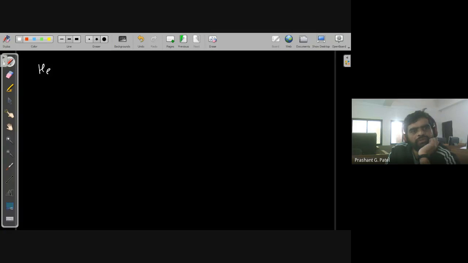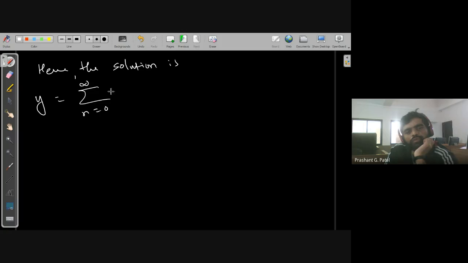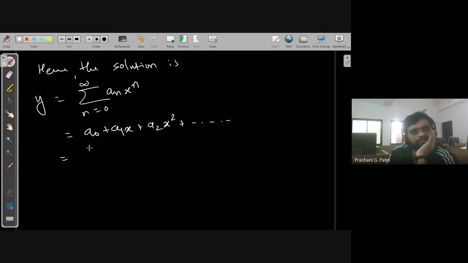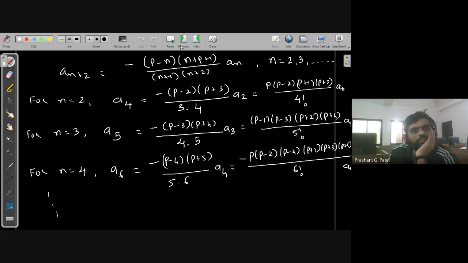So hence the solution is y equal to summation n running from 0 to infinity a_n x raised to n, which will be a0 plus a1 x plus a2 x square up to so on. This can be separated into this form. When n is an even number, the coefficient is a0.